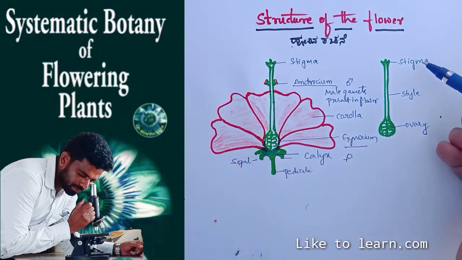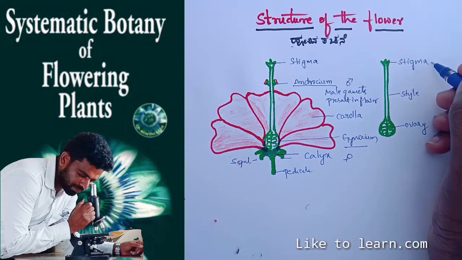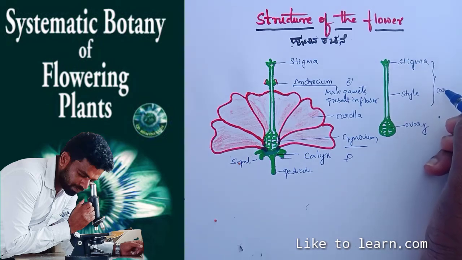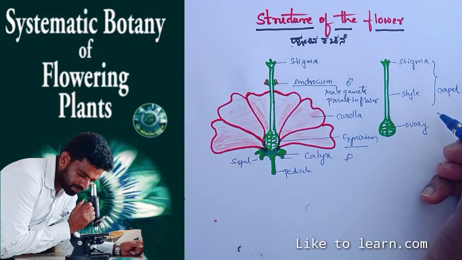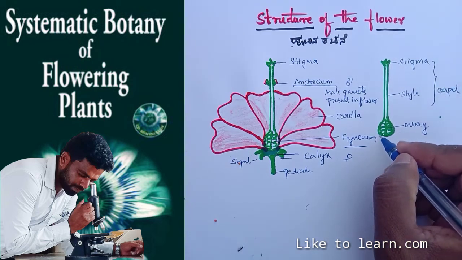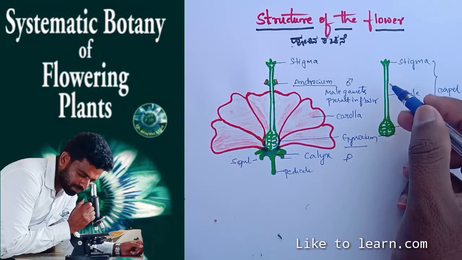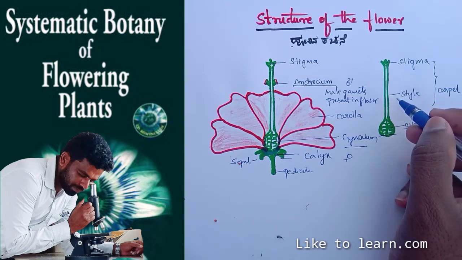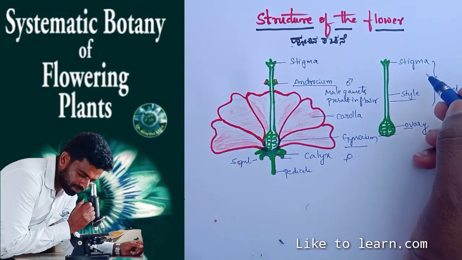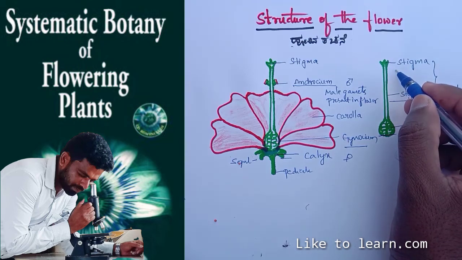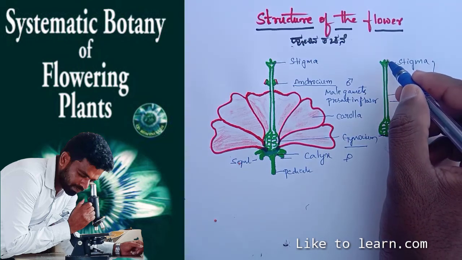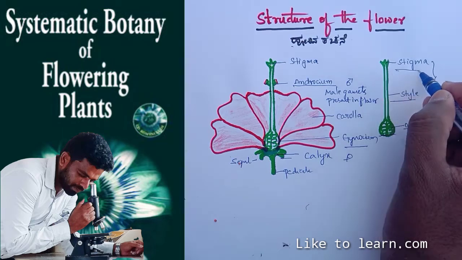See, overall we call it carpel. This is the swollen ovary. Then the middle elongated style, and then a terminal sensitive region called stigma.